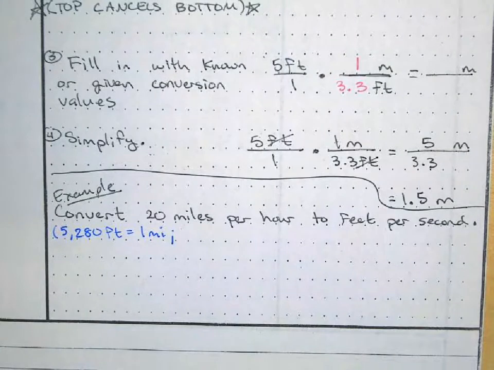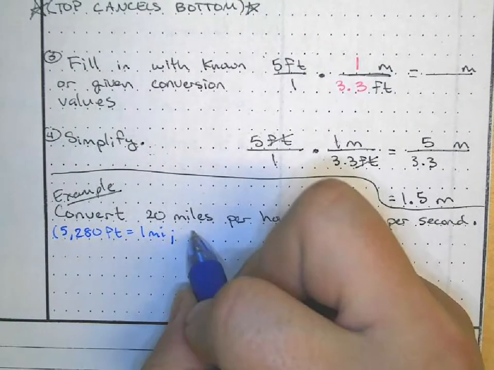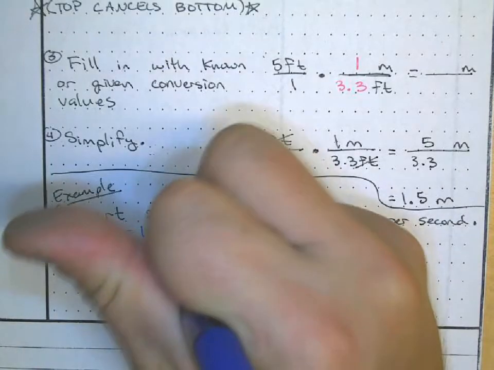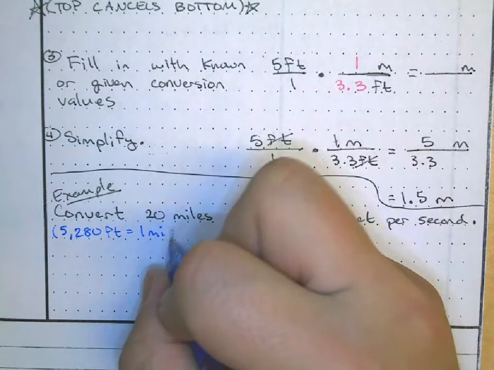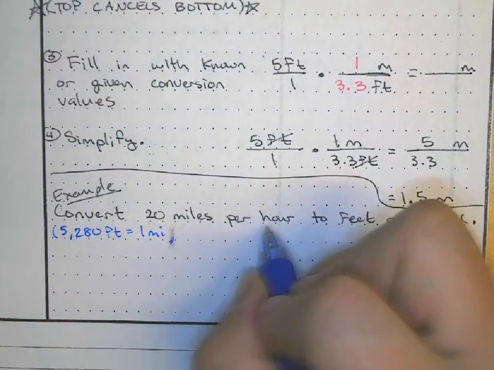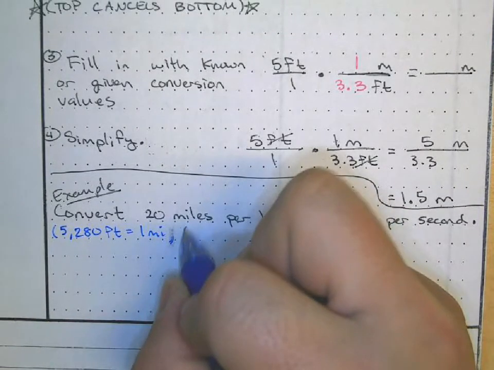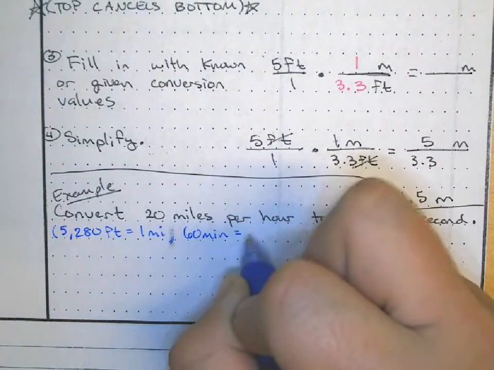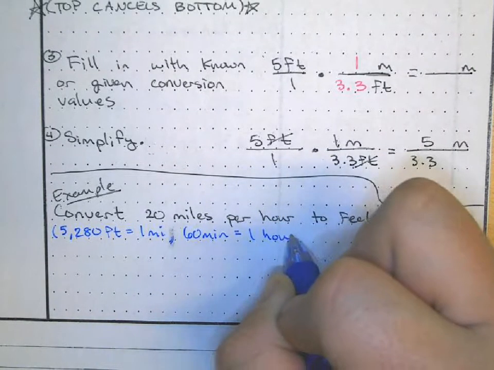We can also convert seconds to hours, but we can use what we know. And what I know is that there are 60 minutes in 1 hour.